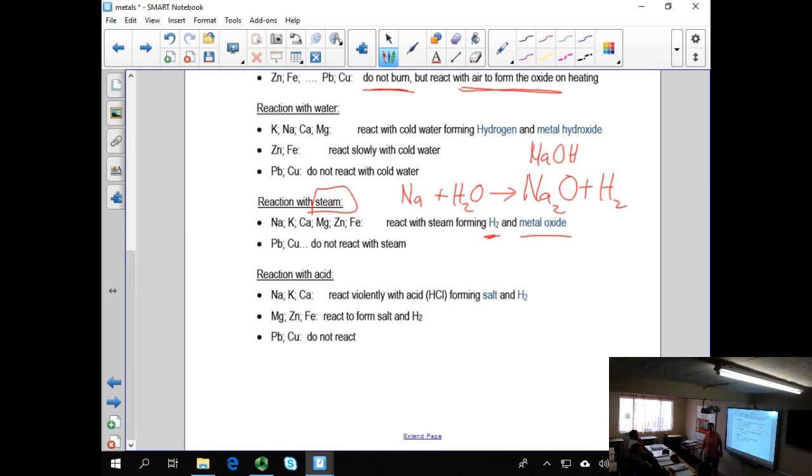Reactions of the metals with acids. When a metal reacts with an acid, the products are salt and hydrogen. Sodium, potassium, and calcium react violently with water, so I will not add them to an acid. Those reactions will be very, very violent. The reaction is also exothermic, so the metals tend to melt.